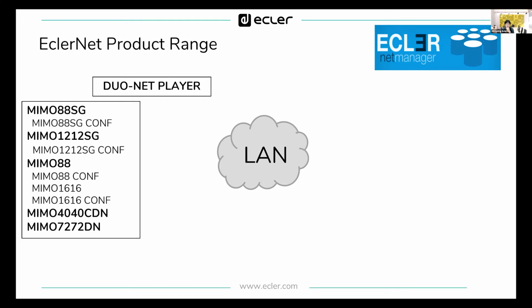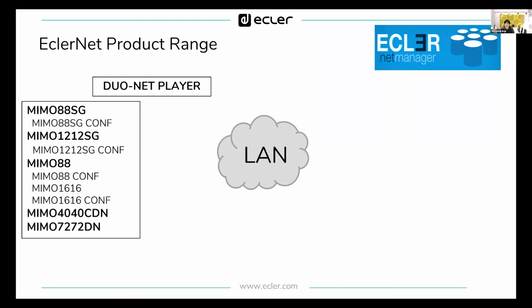Okay, so we will see later on how we should connect them and how we will configure them. And then these are the two new pieces of the device, which are the MIMO4040 CDN, which is a MIMO with 40 inputs, 40 outputs, with the conference tools already in the device, okay?